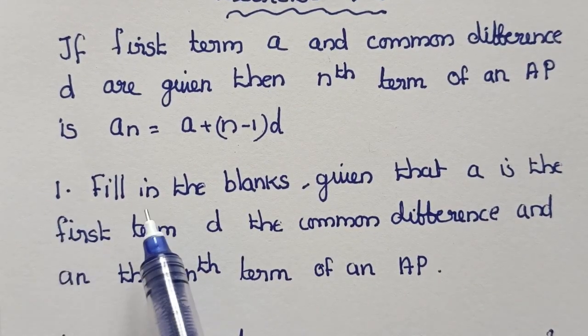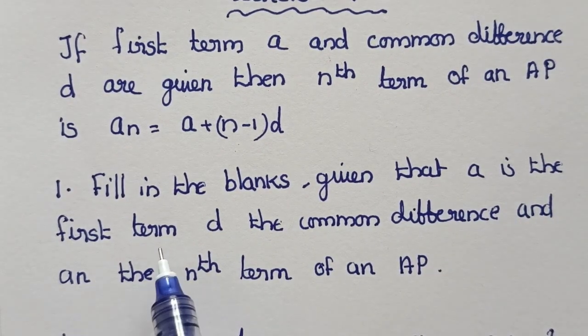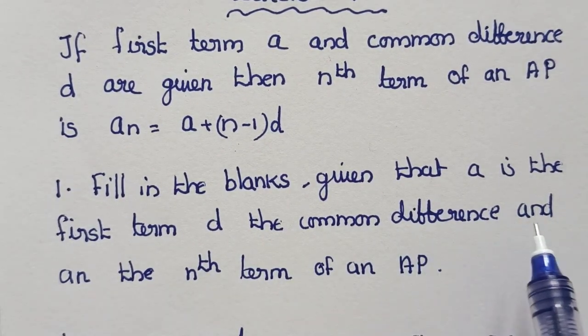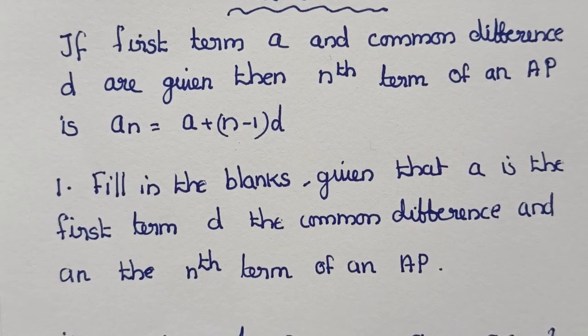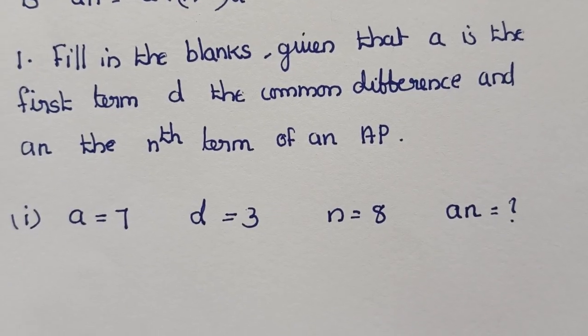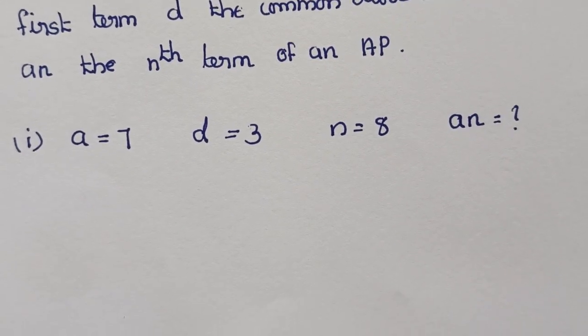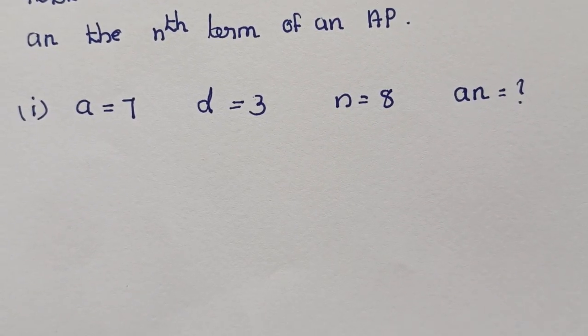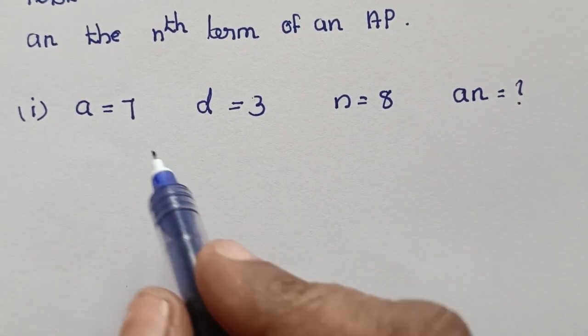First question, fill in the blanks, given that a is the first term, d the common difference and an the nth term of an AP. Here in the first question, we have given that a equal to 7, d equal to 3, n equal to 8. We have to calculate an.